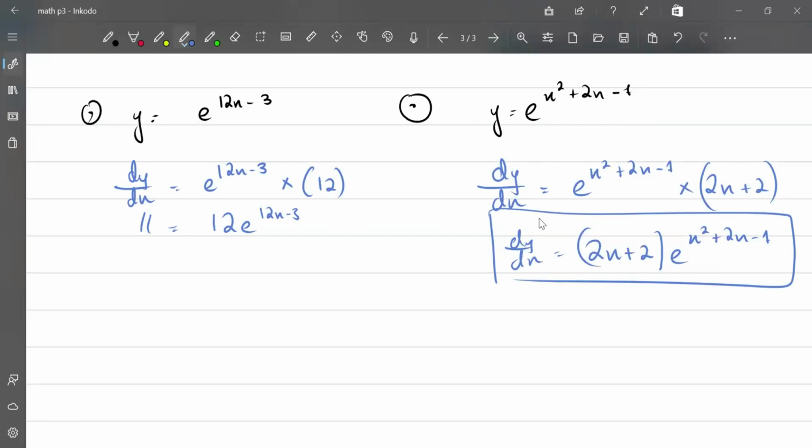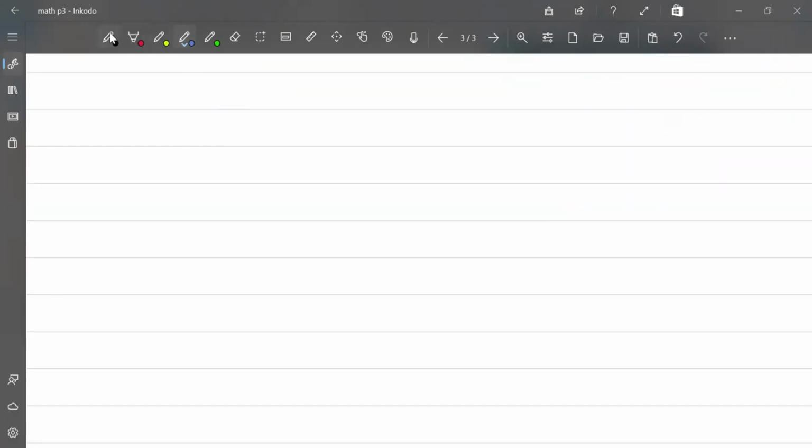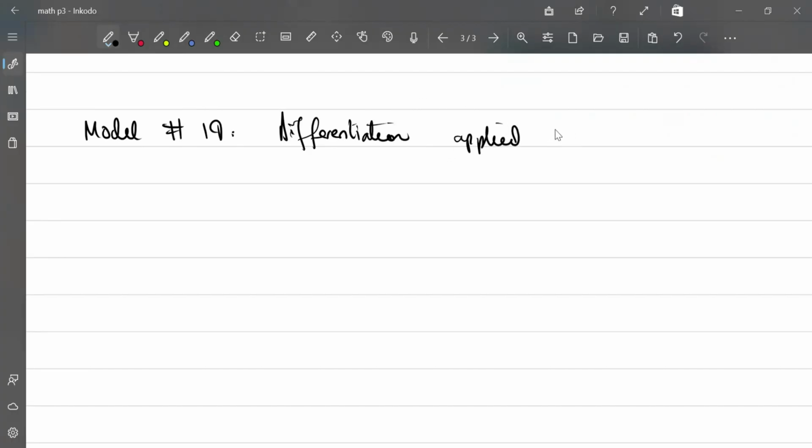Now moving on to logarithmic functions, that is our model number 19: differentiation applied to logarithmic functions.